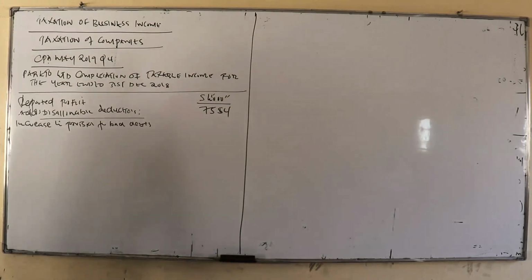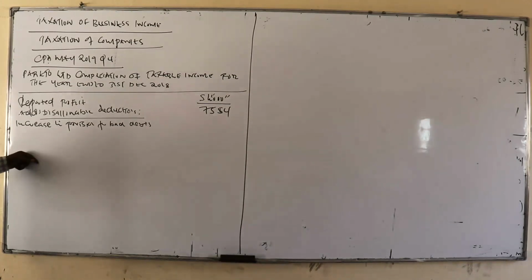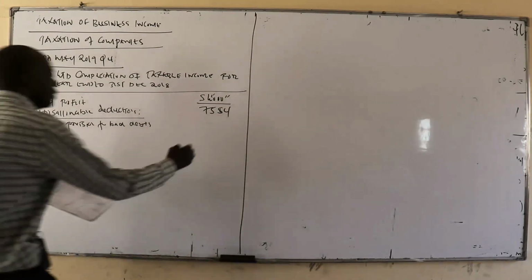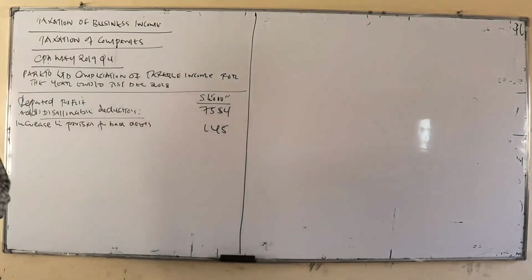If it was specific, then it would be allowed. How do you distinguish between general and specific? Specific will have the word specific. General is silent, the way this one is silent. So how much is it? 1, you add it back. It was deducted and it's not allowed to be deducted, so you add it back.